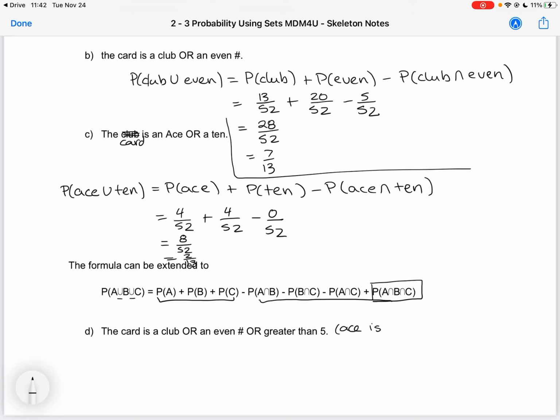And our ace is going to be low in this case. So the probability that the card is a club or even, or greater than 5 would be the probability that we have a club, plus the probability that it's even, plus the probability that it's greater than 5.